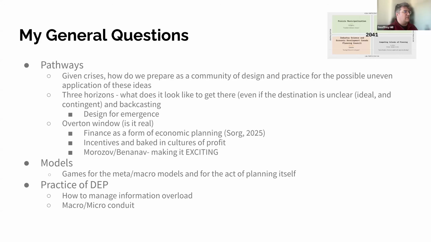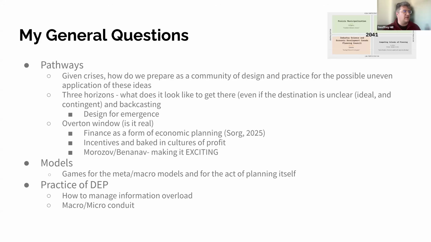I also wanted to shout out the Overton window of a culture, because like Raphael, I live in North America in a very conservative province, and it's really not realistic at present. How do we shift the culture and get people excited, like Morozov was roughly arguing about, towards this direction?